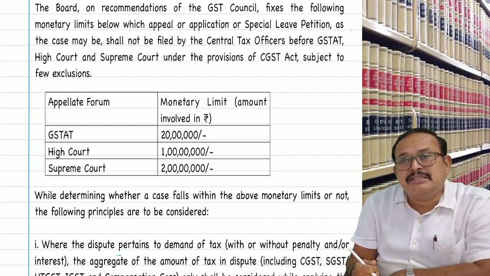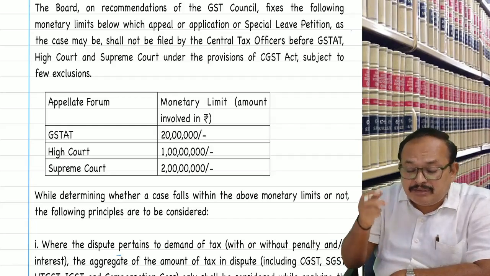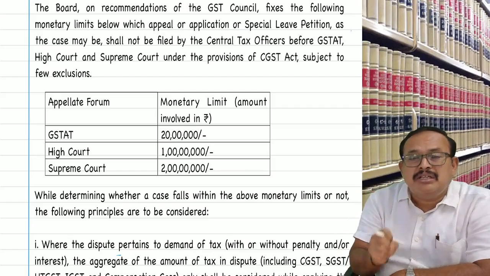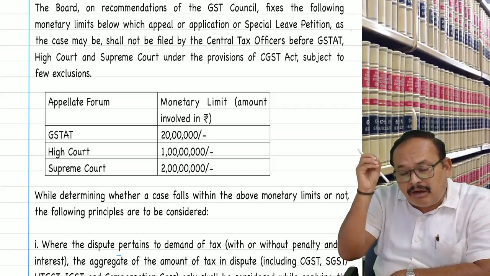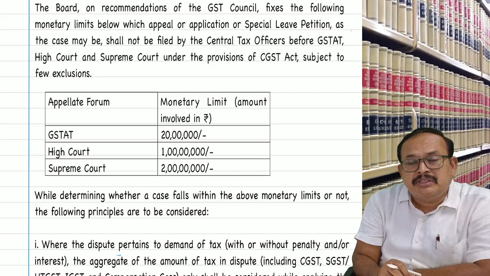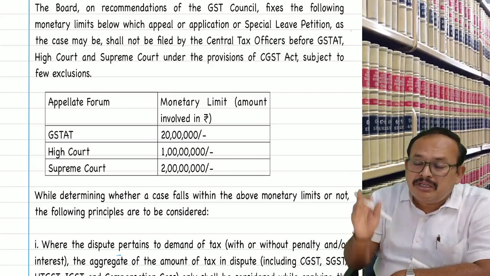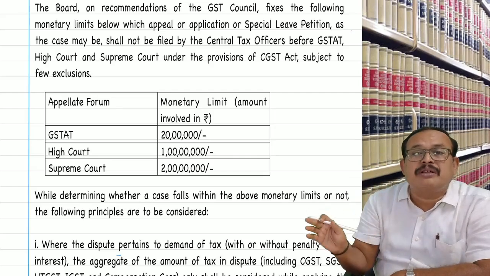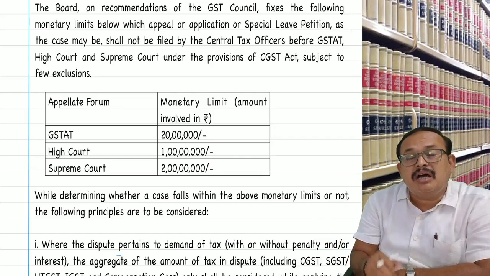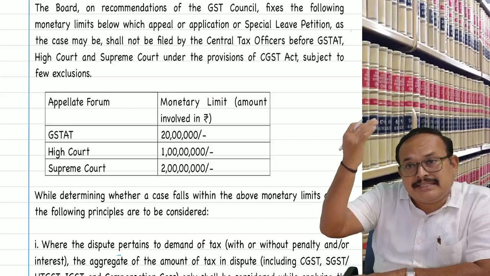In that case, while revising the order, whether to increase or not to increase, if that particular confusion is available, then the officer is directed, hey officer, go for appeal. So it is well possible that the department also can come for appeal against their own orders or upon the direction of the revenue authority, as the case may be.